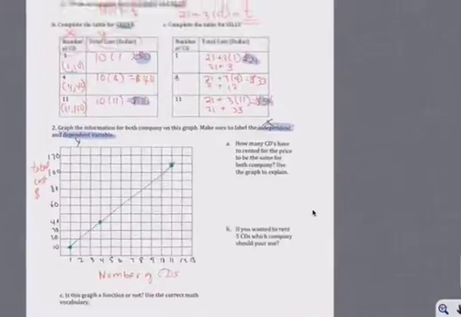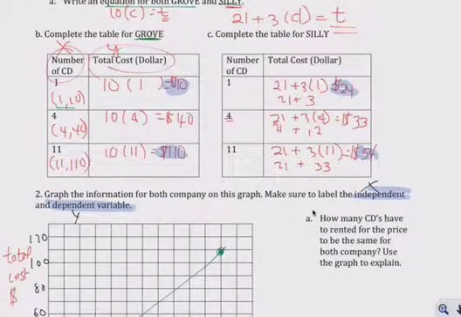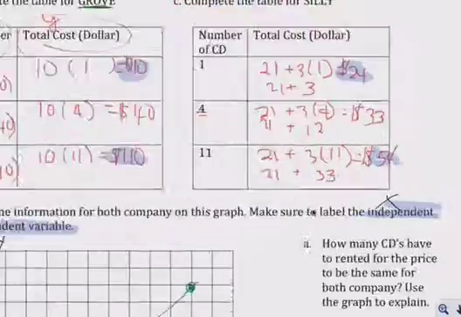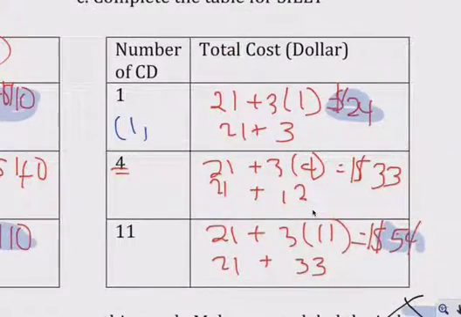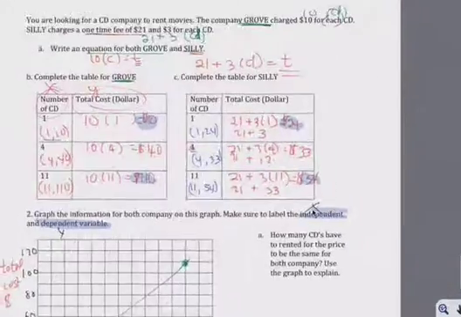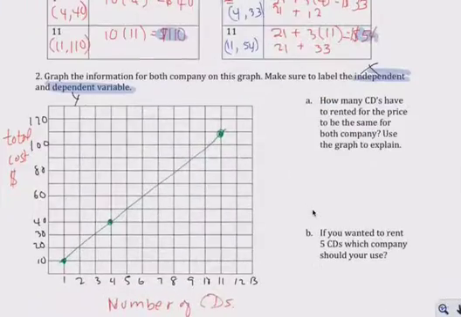Okay, and then start on Silly. Don't do all the dots first. Now Silly, we're going to do in blue. Silly is 1 and 24. 4 CDs for $33. 11 CDs for $54. Okay? So we'll have 1 and 24.